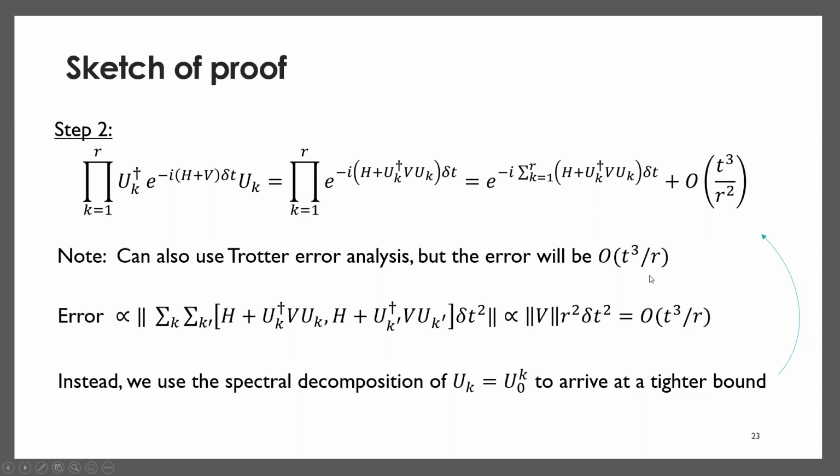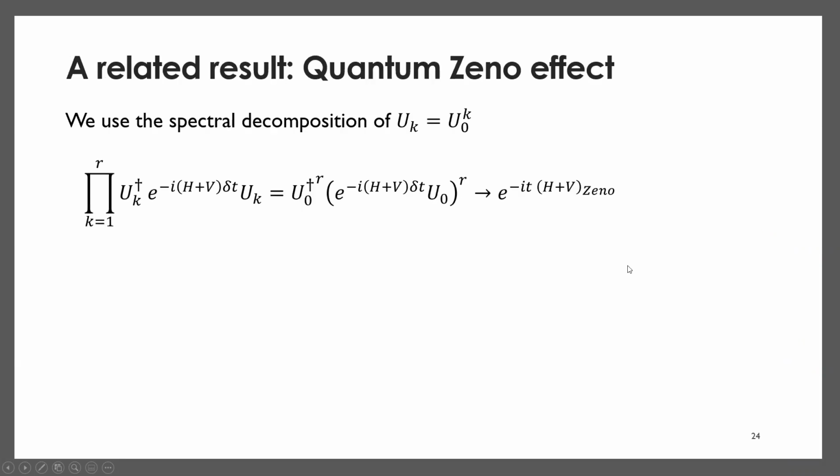In particular, we're going to use the assumption that the symmetry transformation UK is some U0 to the power K to arrive at the tighter bound. Now, this special form of the symmetry transformation reminds us of the kick in quantum control, where you evolve your system for a little bit, then kick the system a little bit, then evolve a little bit, and then apply the same kick to the system, and so on.